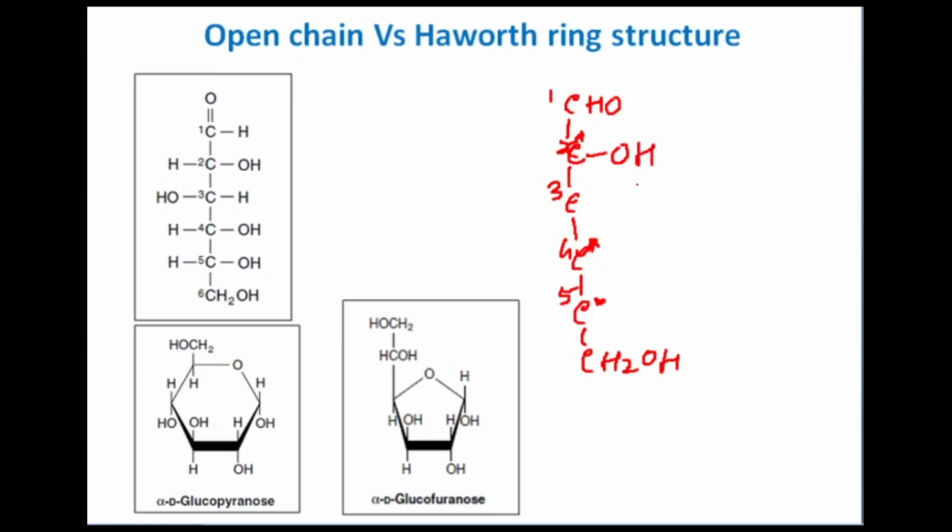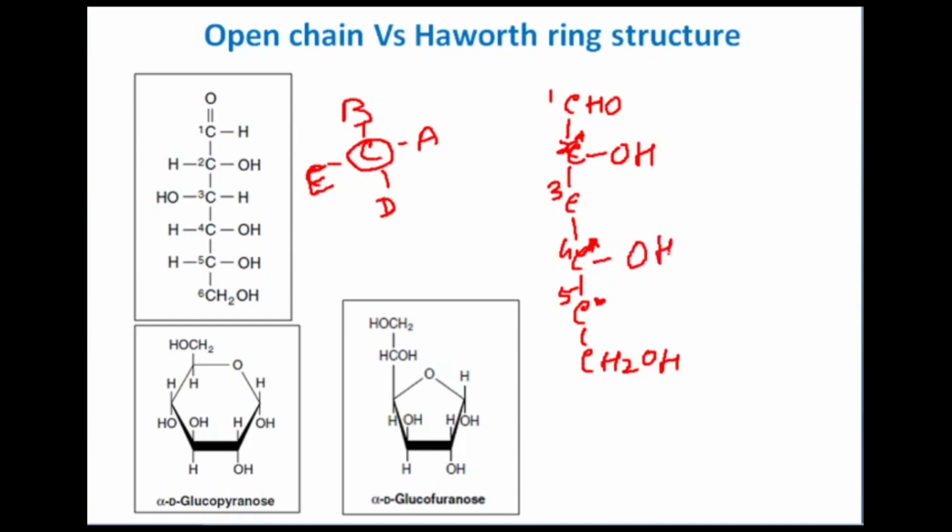What are anomers? The valency of carbon is 4. If all these four valencies are occupied with four different functional groups, then this particular carbon atom is considered as a chiral carbon. So here, carbon number 2, 4, 5 are considered as chiral carbon.